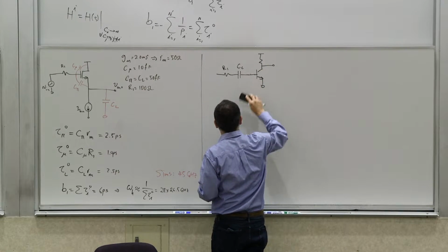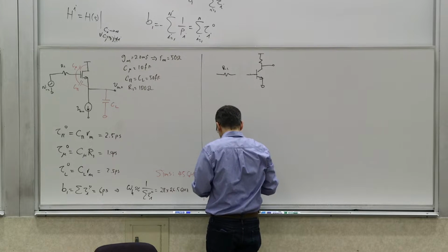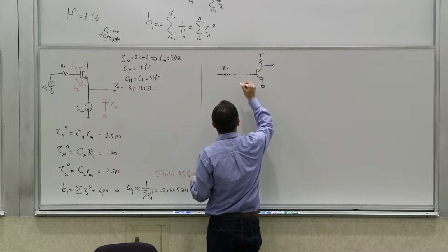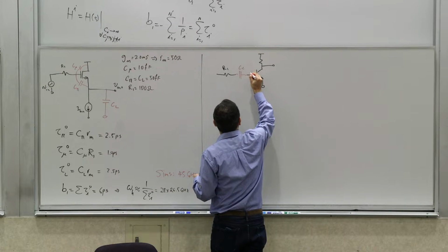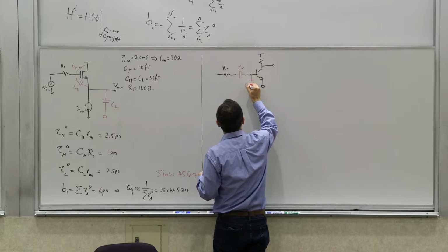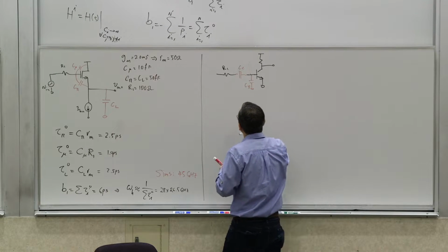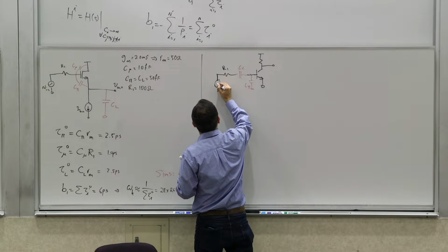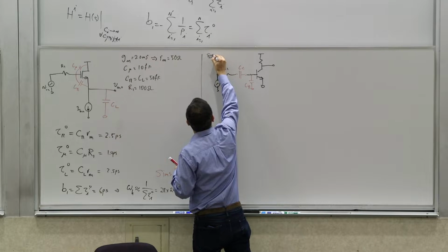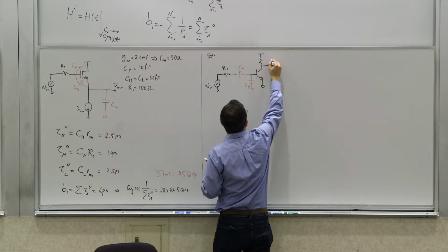So let's say there's a capacitor here. Let's call it a coupling capacitor. And then let's only consider C pi to make the circuit simple enough so we can talk about what we are trying to talk about. So this is V in, V out.